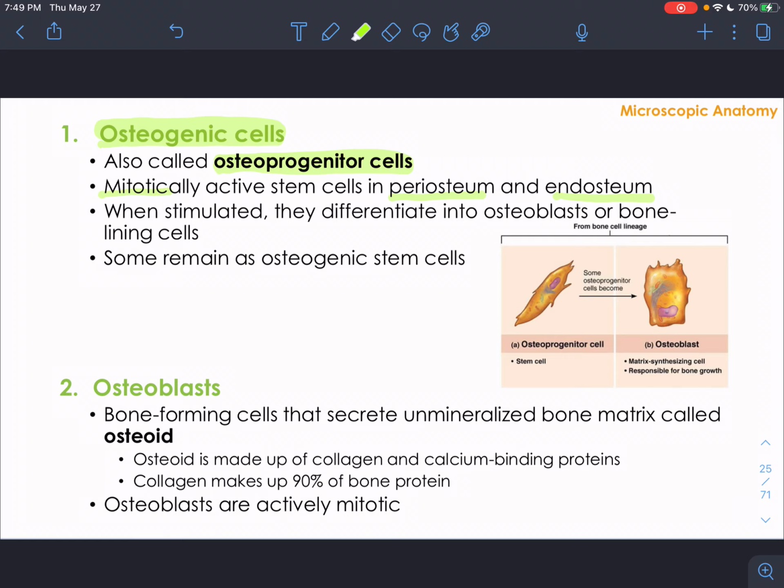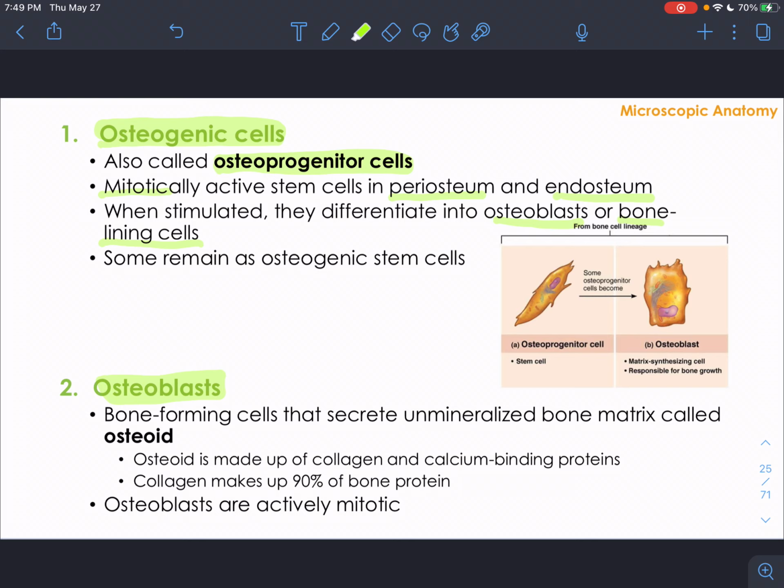Okay, they are going to be able to differentiate into osteoblasts or the bone lining cells, which we'll talk about in a minute. Some of them obviously are going to stay as those osteogenic stem cells so they can continue to form new bone cells when they need to.